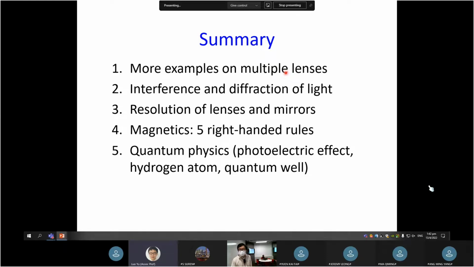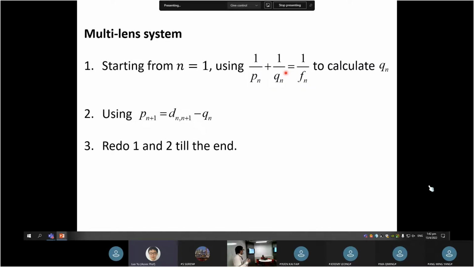Let me help you review the method we need to use to solve the multiple image system. It is confusing because the image from the first step serves as the object for the second step. Some students are confused about whether the object or image in the intermediate step is real or imaginary.